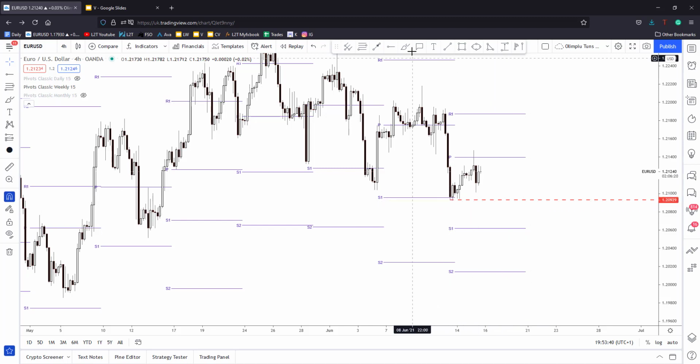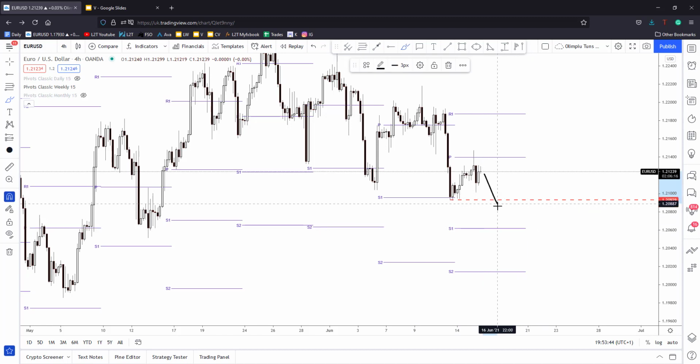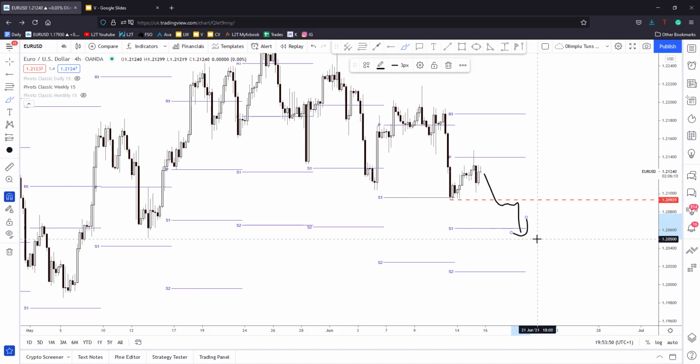Okay, so for the price to drop towards the S1, it should make a valid breakdown here below this former low to confirm a deeper drop, right?